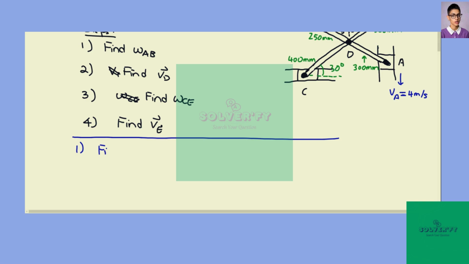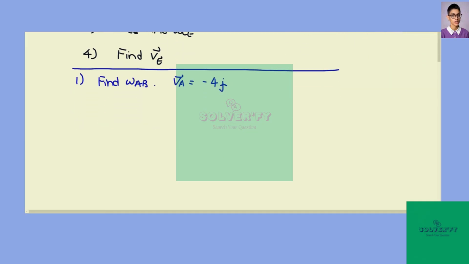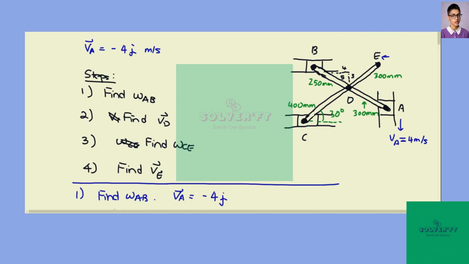Step 1 is to find omega AB. We are given that VA is minus 4J, and VB, using the relative velocity equation, is VA plus omega AB cross R, the position of B relative to A. From the question, VB is moving to the right when A is moving down, and at the same time rod AB would turn clockwise.